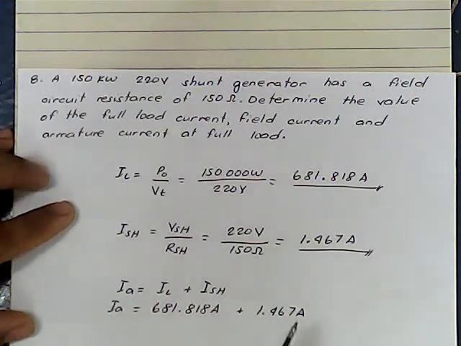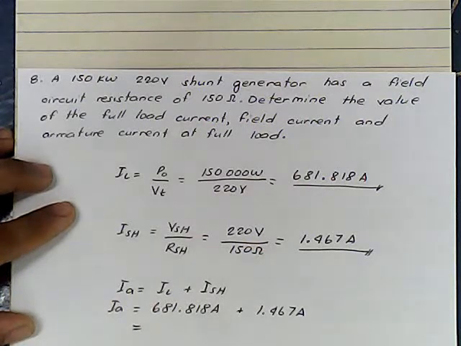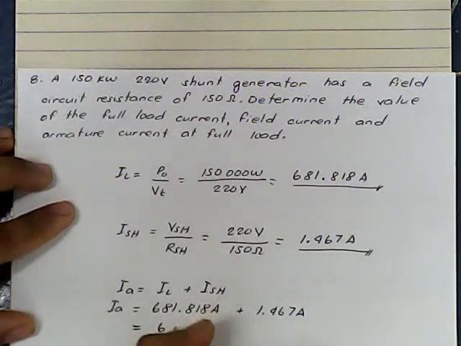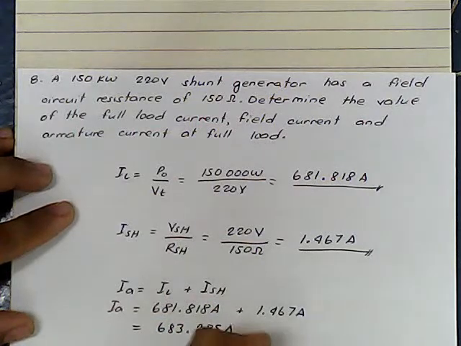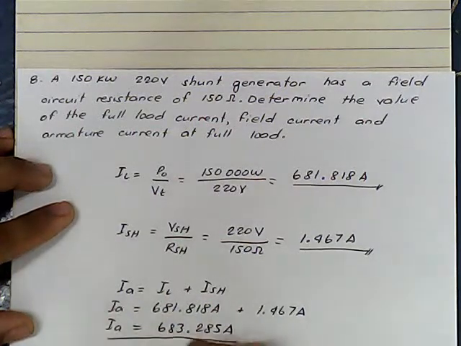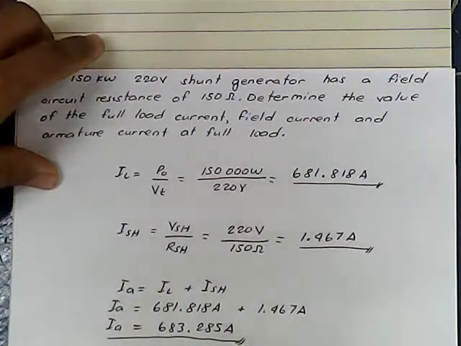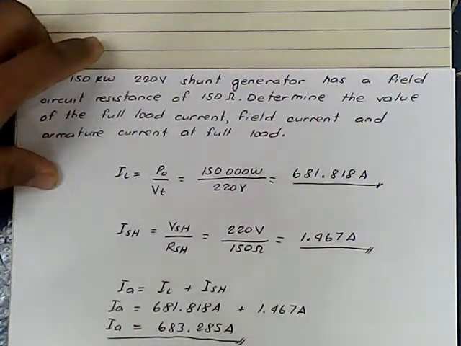Mas nearly to truth yung computation natin. 681.818 plus 1.467 will give us 683.285 amperes. Now, if you are more comfortable using 2 decimal places, that is just okay. Pero sa akin kasi mas okay ako dun sa 3 decimal places, dahil yung error niya mas nagiging konti na.